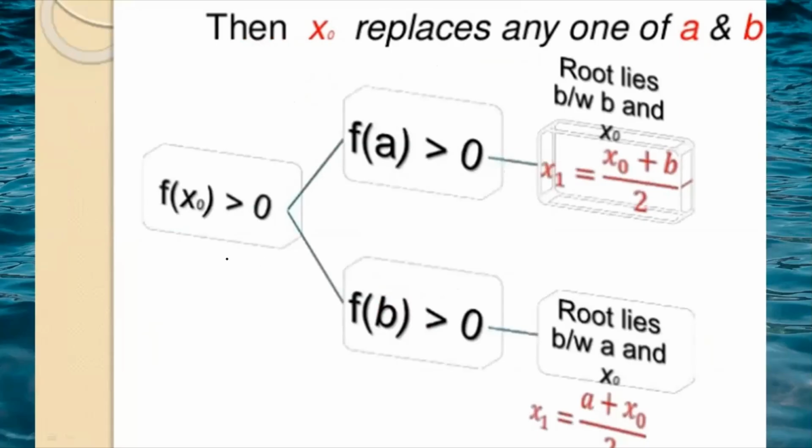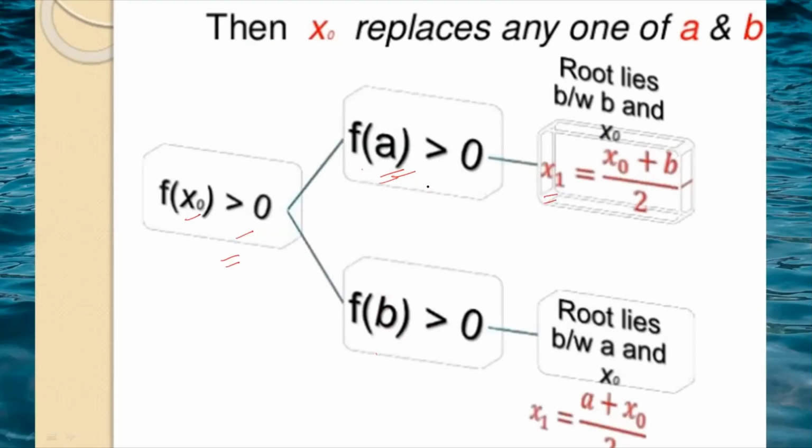If f of x naught is greater than 0 and f of a is also greater than 0, the root should always lie between one value greater than 0 and one less than 0. Suppose f of a is greater than 0, then definitely f of b should be less than 0. Then the root lies between x naught and b. So then x1 is x naught plus b by 2.